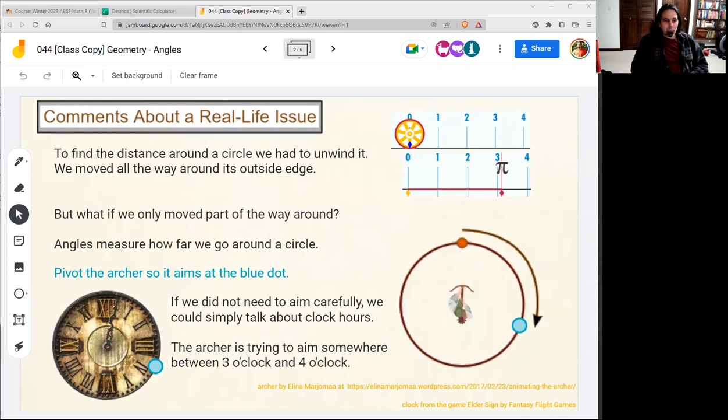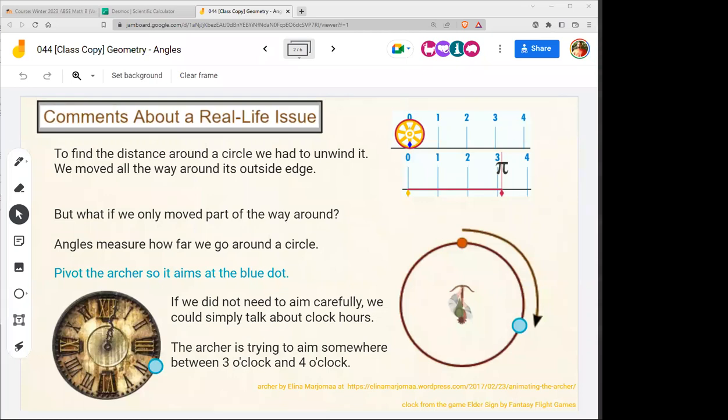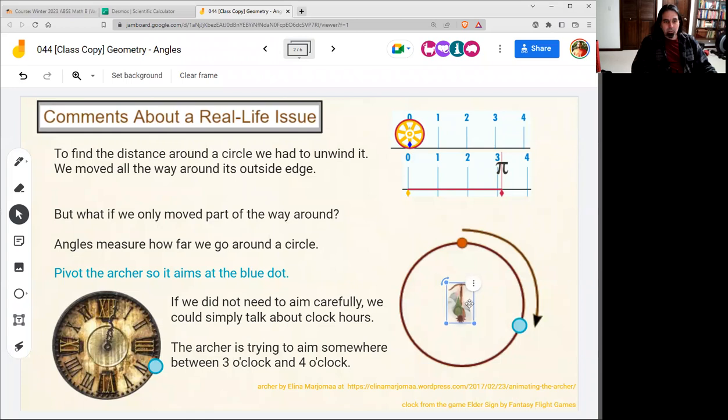So somebody grab that little picture of an archer from above and aim the archer not at the red dot, but at the blue dot. So are we moving the archer here?